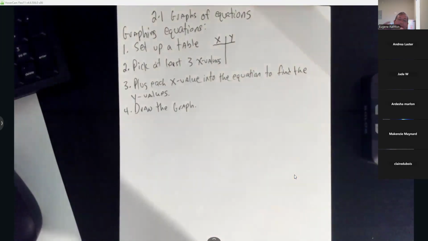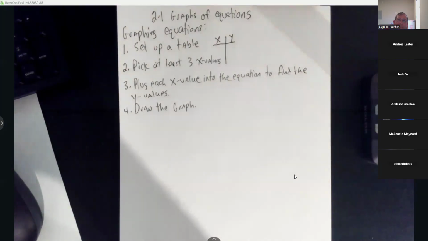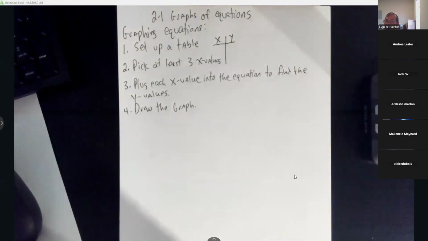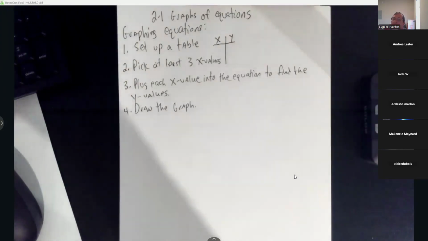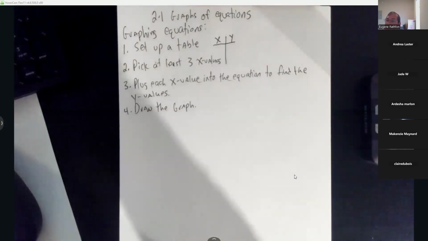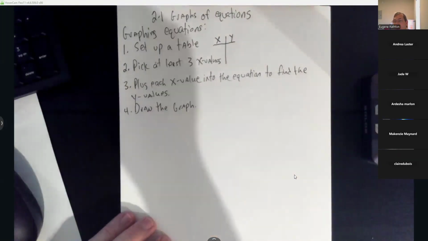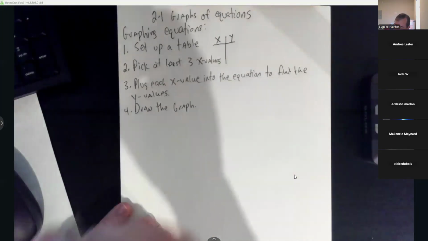Okay, now, as we go through these, watch what type of equation I got, and then look at what the graph pictures will look like, okay? So like I said, we will start out with straight lines for the first two.